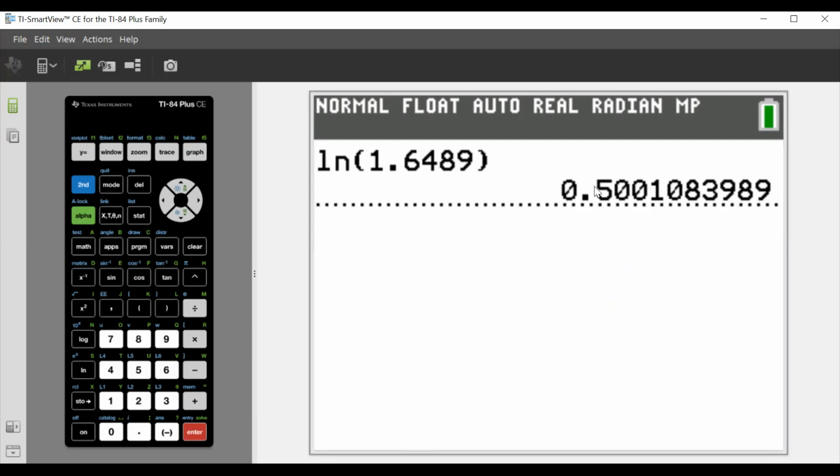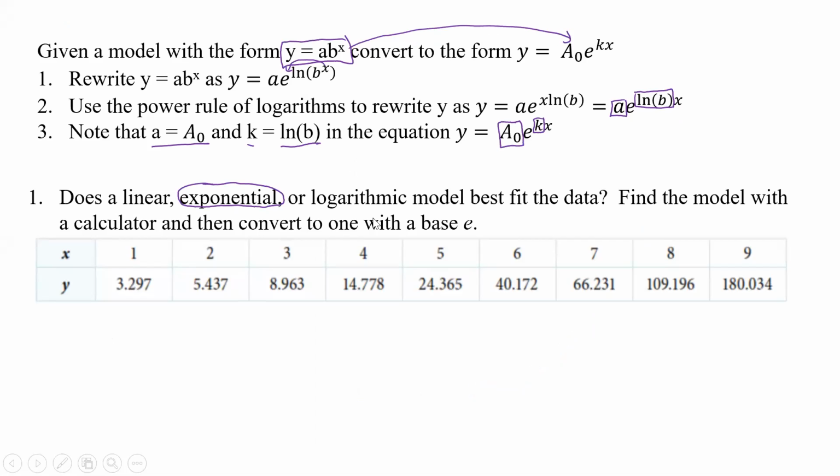And so then we can say, okay, with all of those values, the calculator gave us f of x equals, again, roughly 2, and then 1.6489 to the x. So that's the form it gave us here. And we said, okay, if we take the ln of 1.6489, that's approximately 0.5, and that's equal to k.